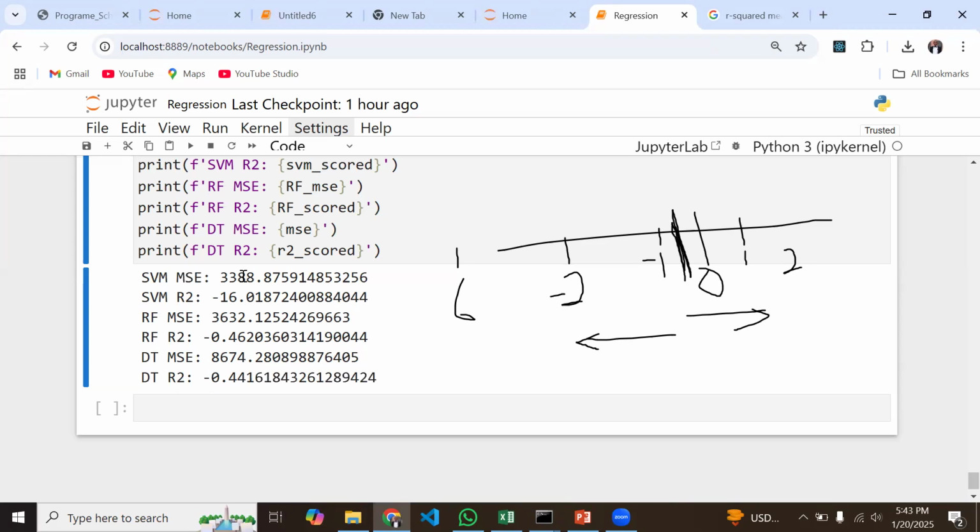I don't know if you get the point I'm trying to make over here. In terms of the mean squared errors, this value is better than this value. But in terms of the R squared error, this value is better than this value.